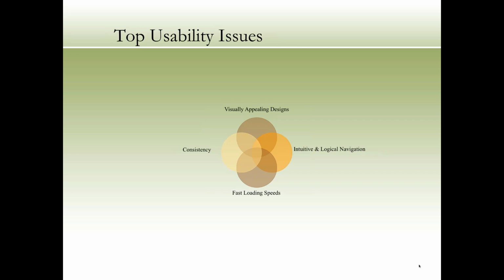Content is not easy to find. Load speeds for pages are very slow, just due to the amount of content or images loading slowly, or the hosting that people have, a slow provider or a slow plan. And consistency is an issue that we see all the time. We're going to talk about all of these concerns throughout today's webinar.